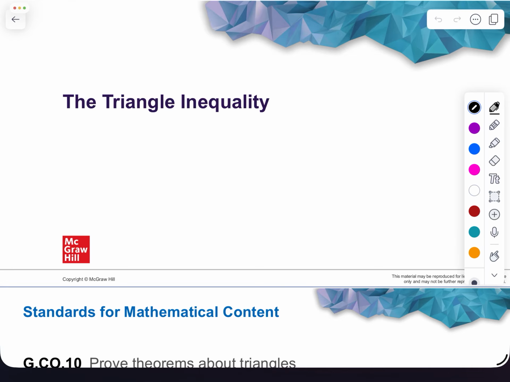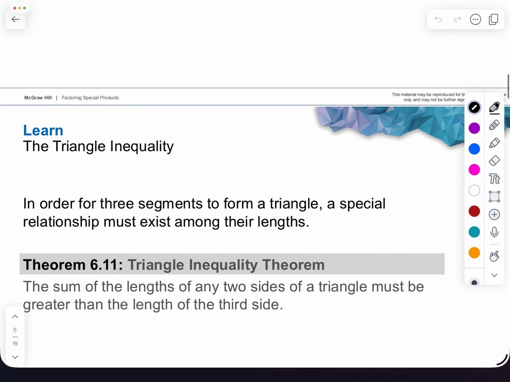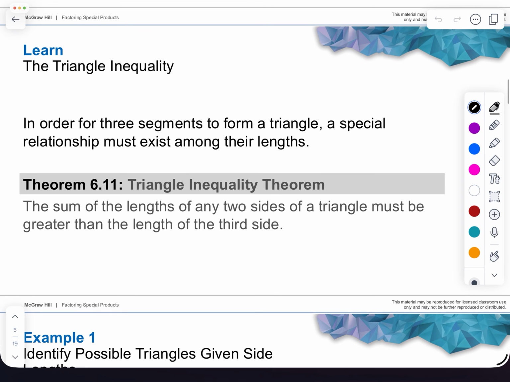All right, we're starting the Triangle Inequality, which is lesson 6.6 and is on page 15 in your notes. We are going to be talking about the special relationship that must exist among lengths of triangle sides.